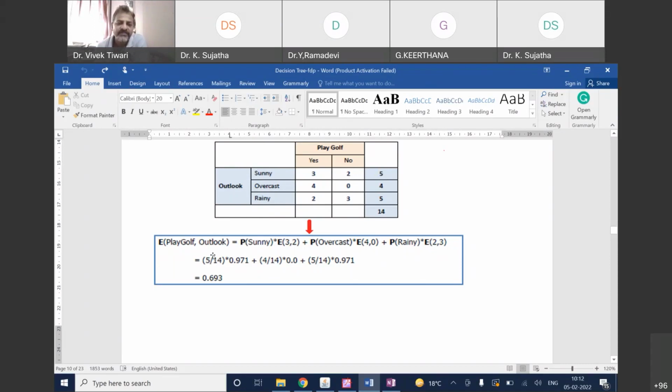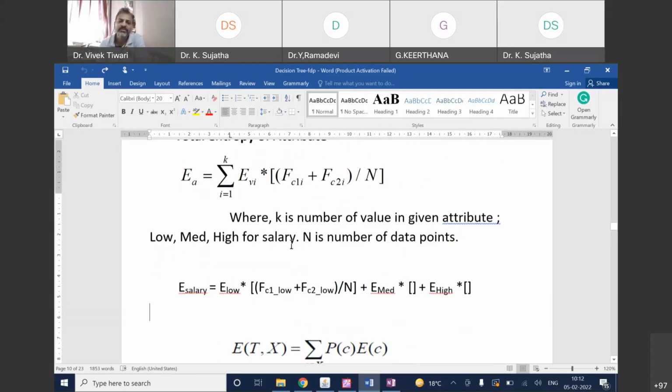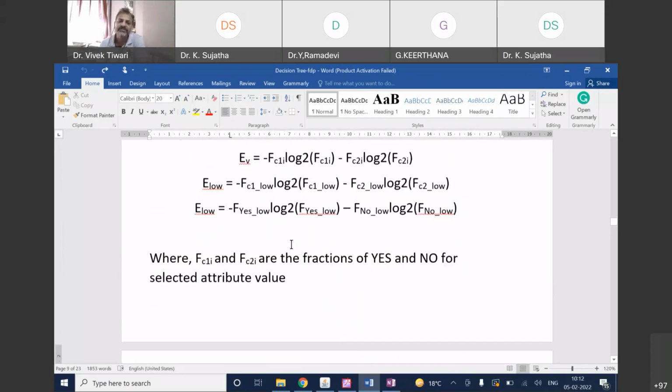It is 5 by 14. There are 3 observations in the positive class and 2 in the negative class, so we have to calculate the entropy of 3 comma 2.